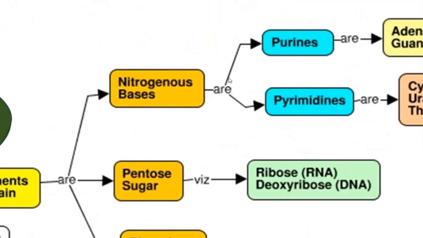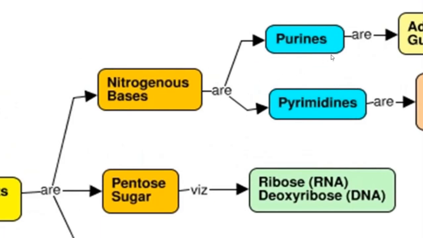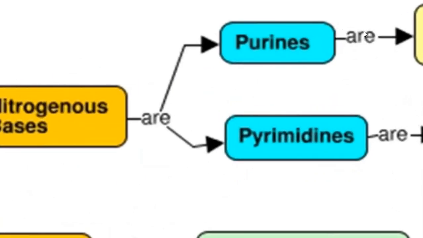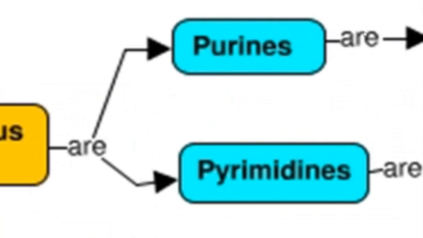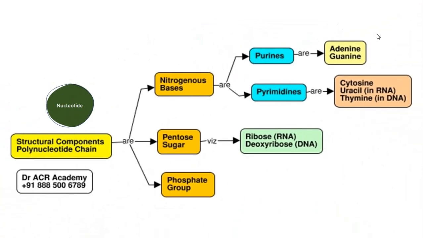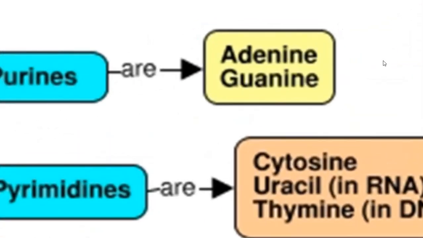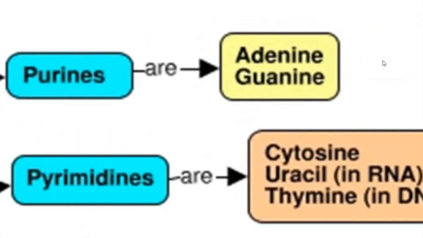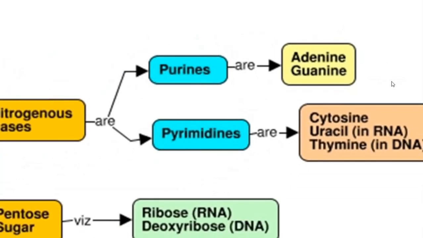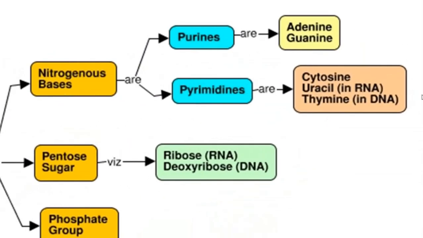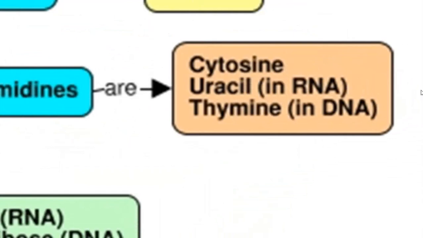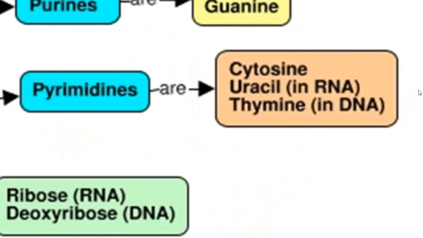Coming to the nitrogenous bases, two types of nitrogenous bases are present. They are purines as well as the pyrimidines. Adenine as well as guanine come under the purines, while the cytosine, uracil and thymine come under the pyrimidines.